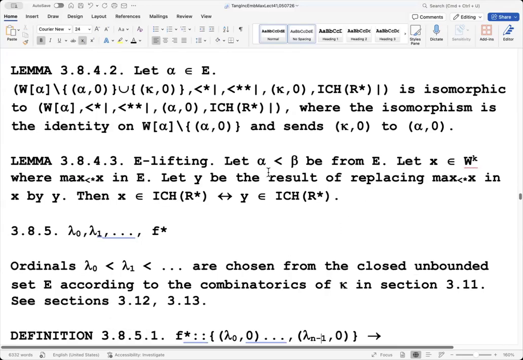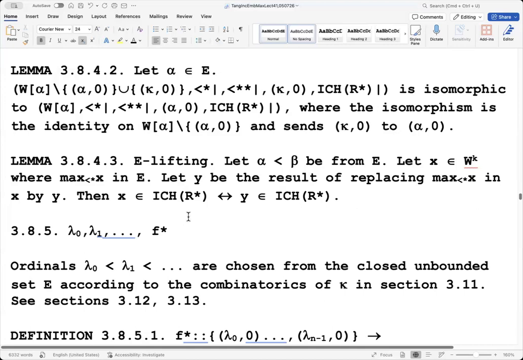E lifting says if alpha is less than beta are both from E, this closed unbounded set, and if you have X whose maximum coordinate is in E, then you can lift it to a higher one. Let Y be the result.